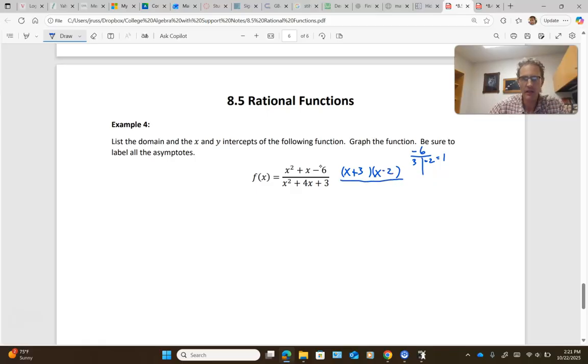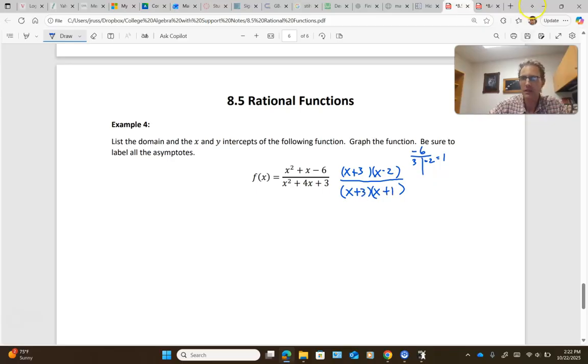And then the quadratic on the bottom is going to factor similarly into binomials. We need to find factors of 3 that sum to 4. Well, 3 times 1, and 3 plus 1 is 4.